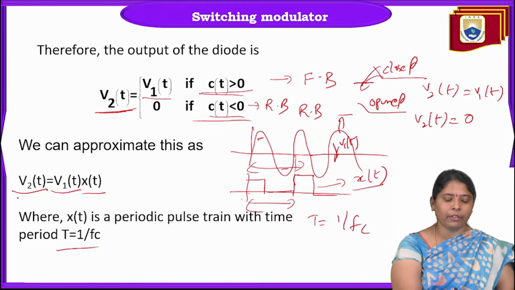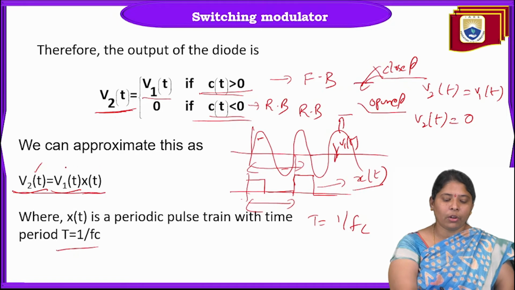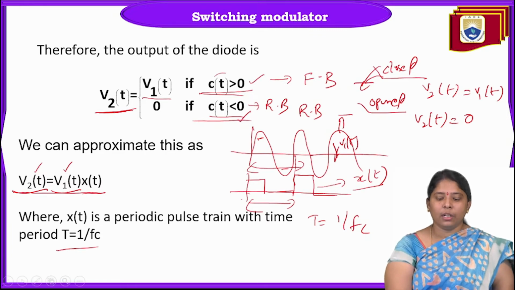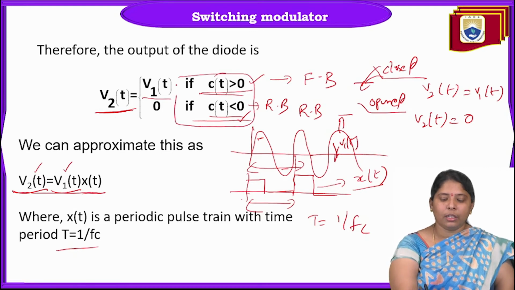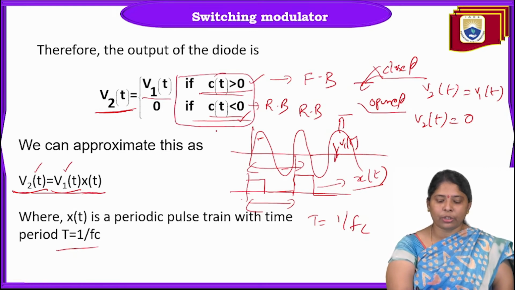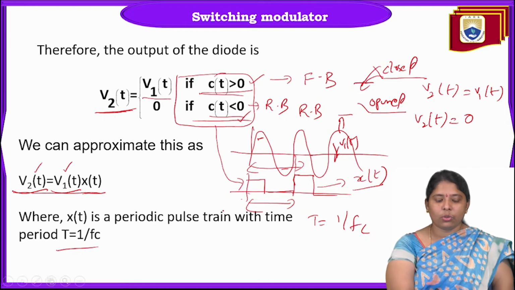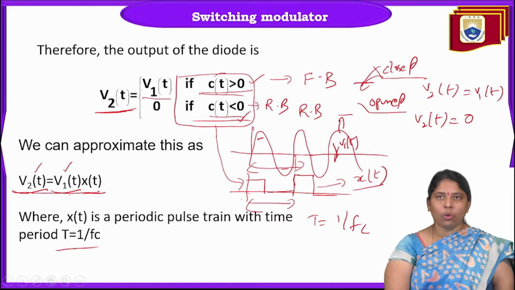Mathematically, V2 of t is the diode output, V1 of t is the diode input, and the diode is controlled by the carrier. Carrier positive, it is forward bias; carrier negative, it is reverse bias. So this condition is written in terms of one more signal, X of t. So V1 of t multiplied by X of t is V2 of t.